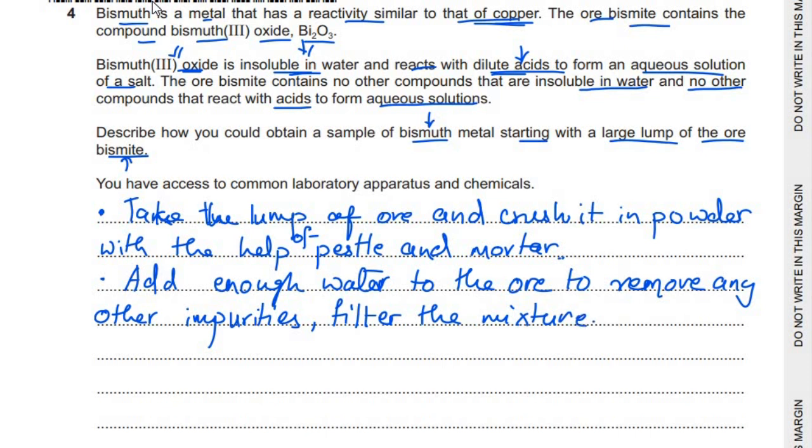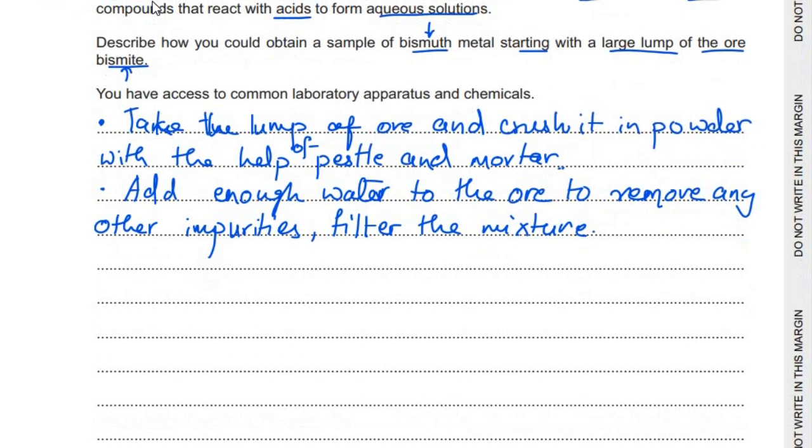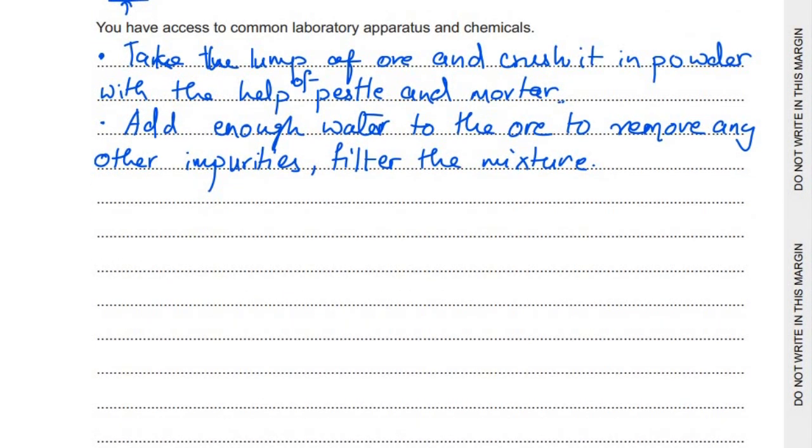The residue is going to be bismuth oxide because that is insoluble in water, so whatever treatment we do is with the residue. Now we add carbon or any other reactive metal to it, so that on heating it displaces bismuth from the bismuth oxide.